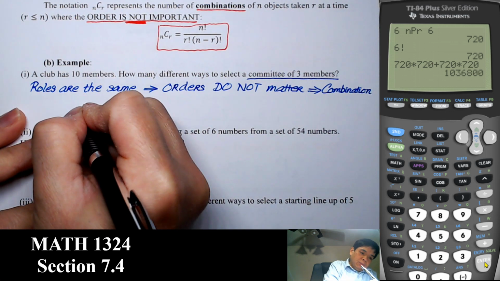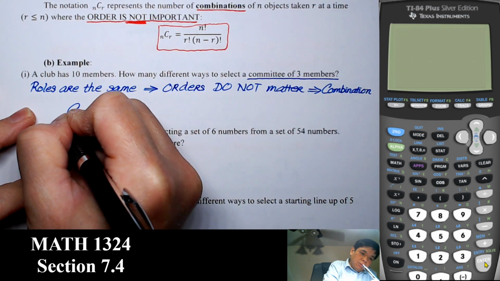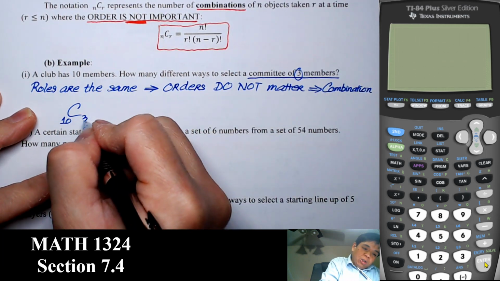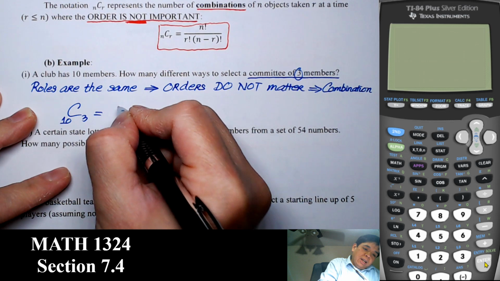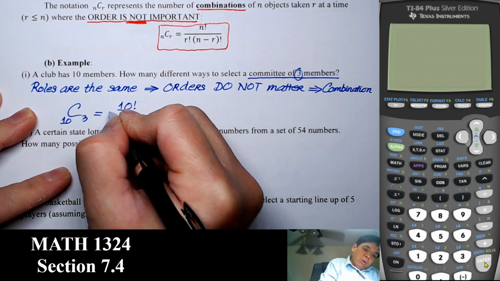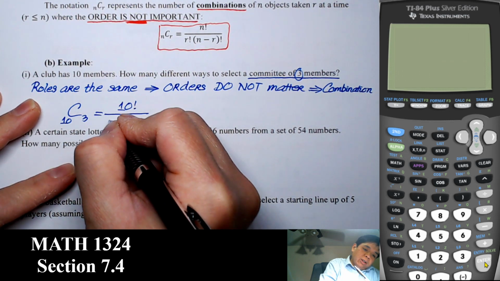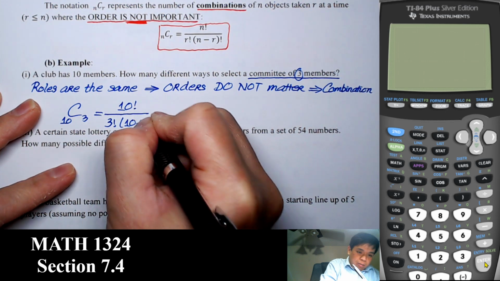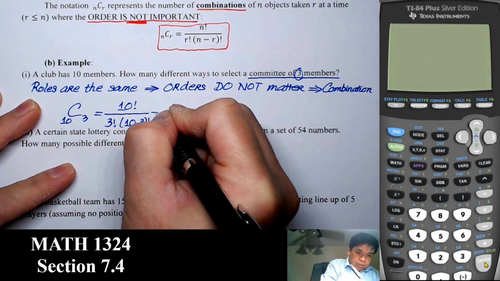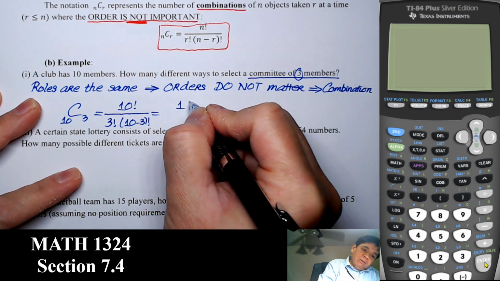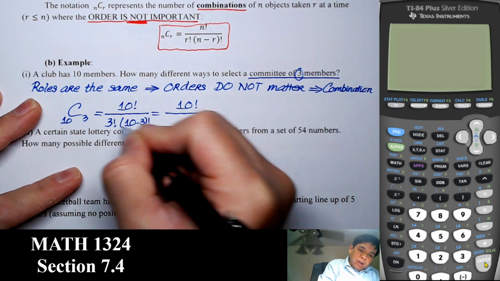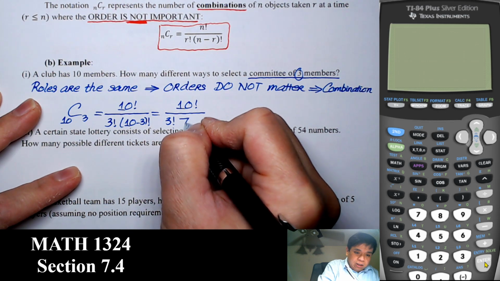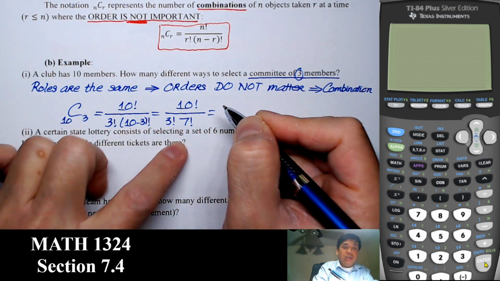And we select a committee of 3, so select 3 out of 10, and we have 10 factorial over 3 factorial times 10 minus 3 factorial. Right, so 10 factorial, 3 factorial, and 7 factorial, since 10 minus 3 is 7.